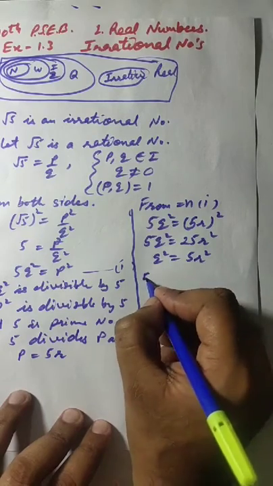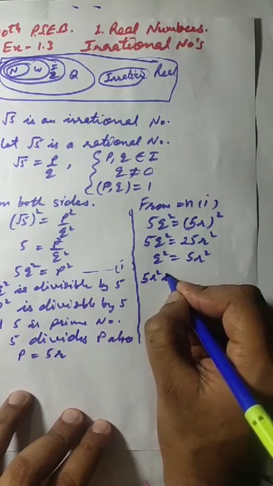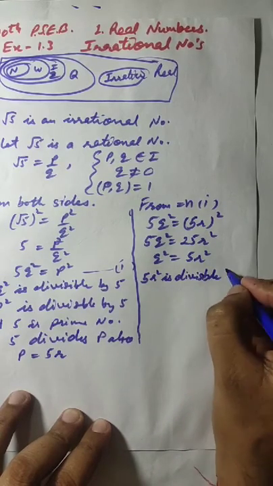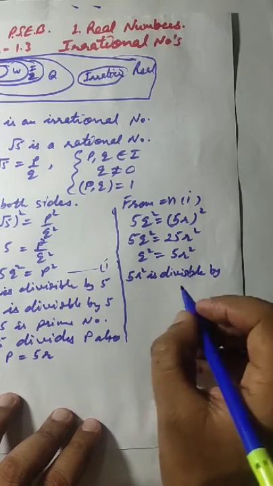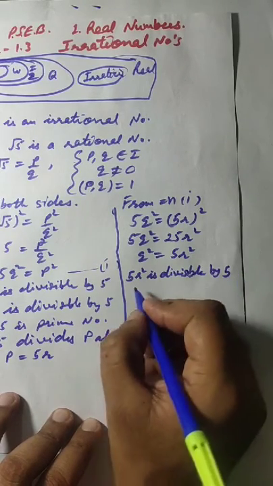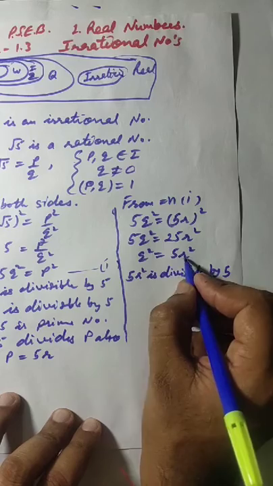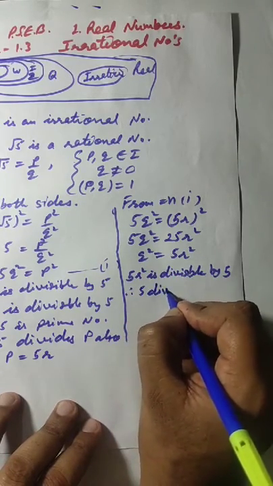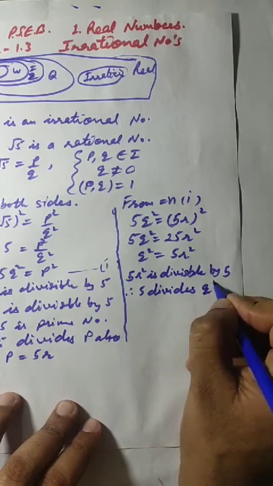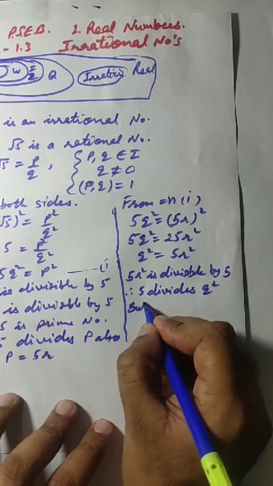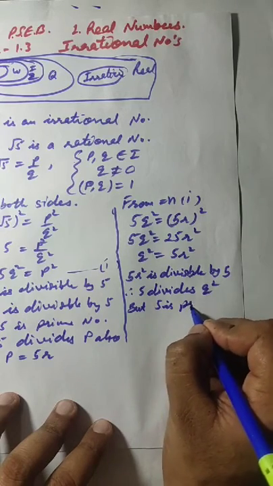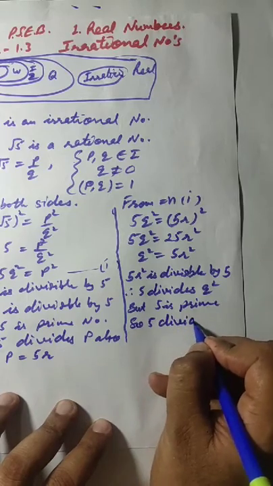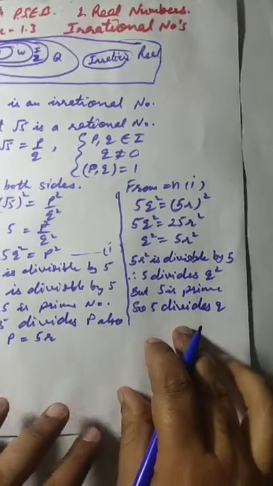So in this equation, 5r squared is divisible by 5. If the right hand side is divisible by 5, then the left hand side, therefore 5 divides q squared, but as we know that 5 is prime, so 5 divides q.